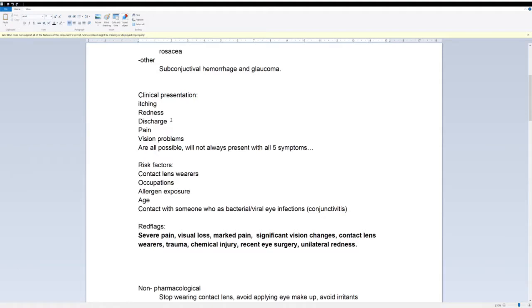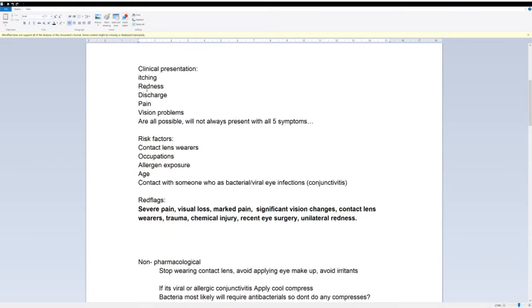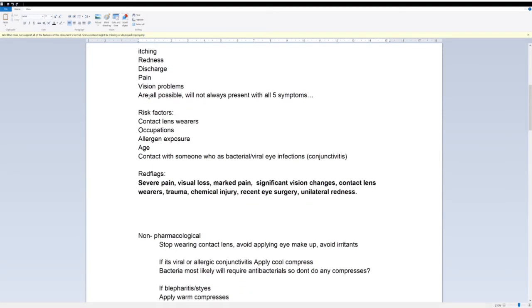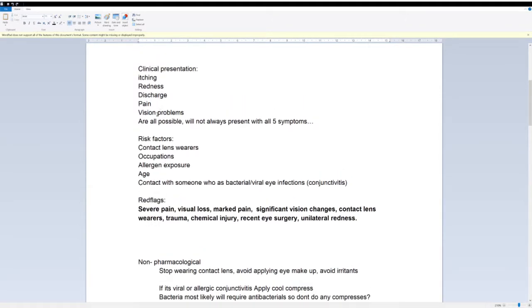So some of the other clinical presentations that occur with red eye would be itching, redness, obviously, and there could be some discharge and pain, and rarely there could be some visual problems, but it doesn't always mean that it's a serious ground for referral or anything like that.